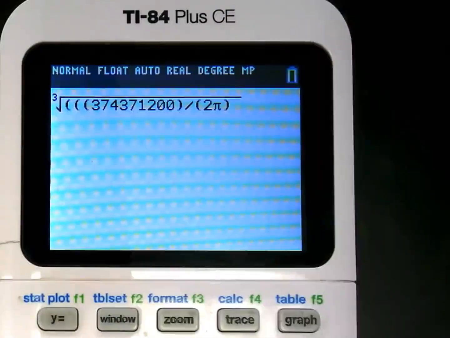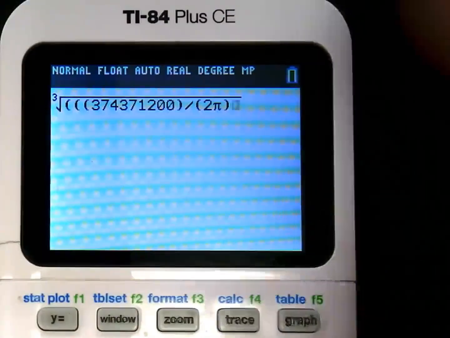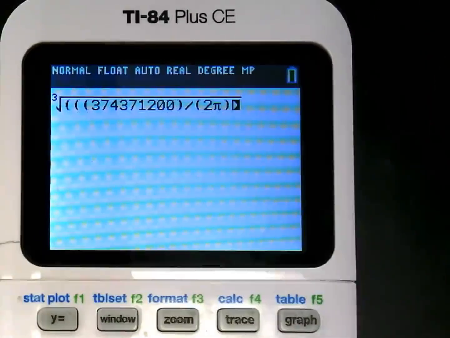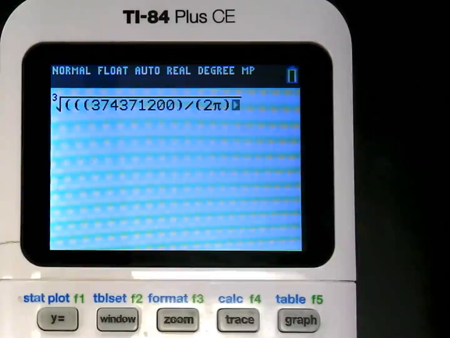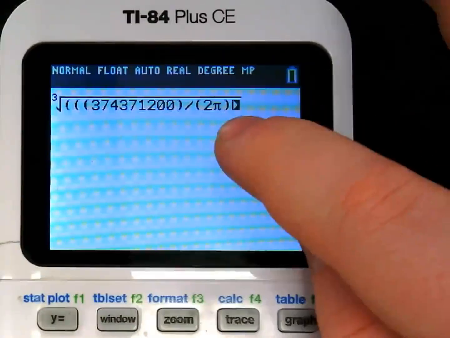I don't know why. It doesn't matter if your calculator is in degrees or radians, that has nothing to do with it. You have to put parentheses around the 2 pi.